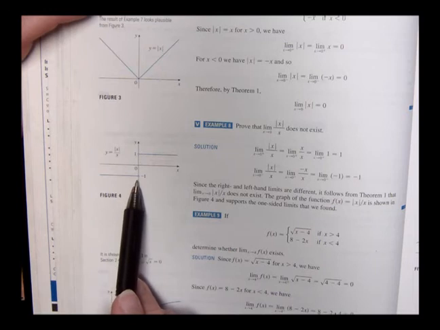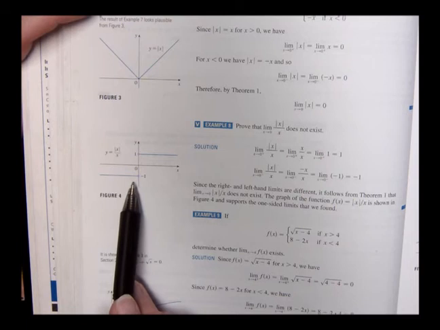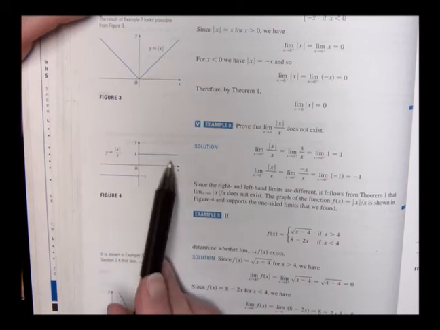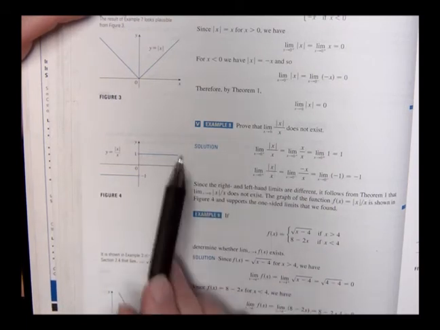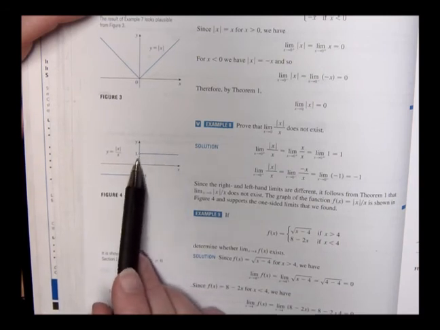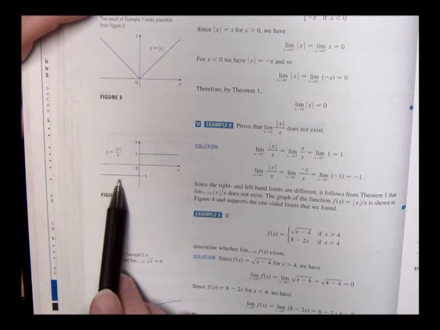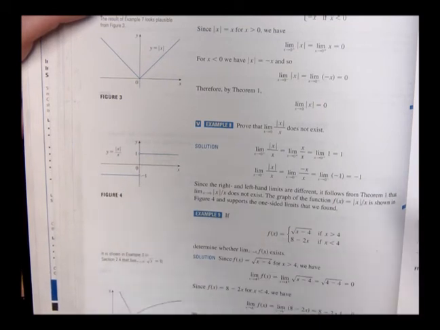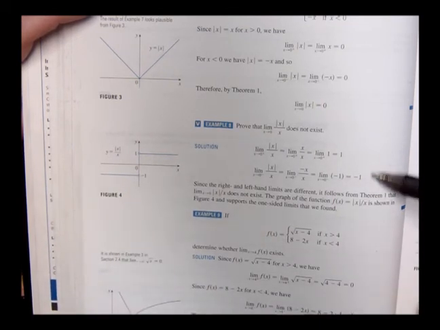Oh, I'm sorry, it comes from the right first up here. As it comes from the positive side, the right, we see that we get a value of 1. As it comes from the left, we see we get a value of -1. Since these two are different, then we do not have a limit. Okay? Since they're different, we don't have a limit.